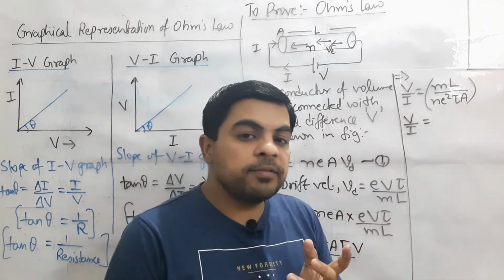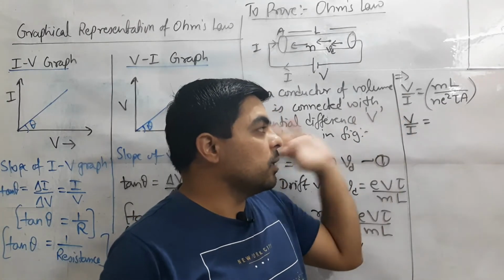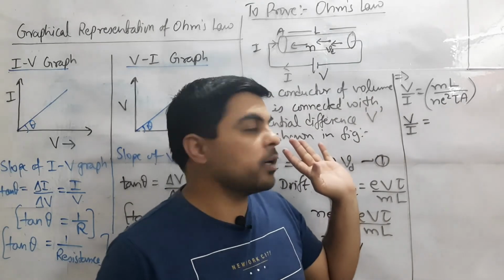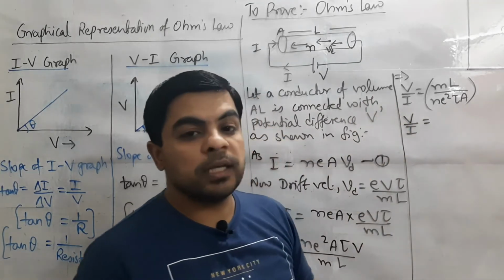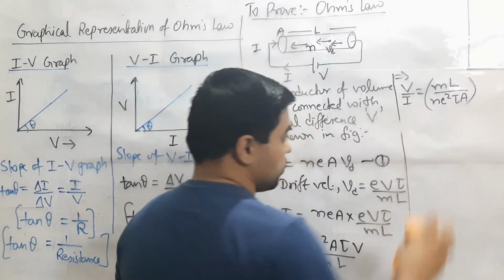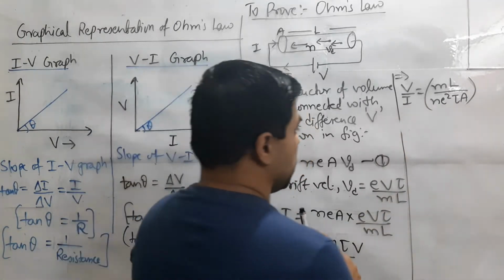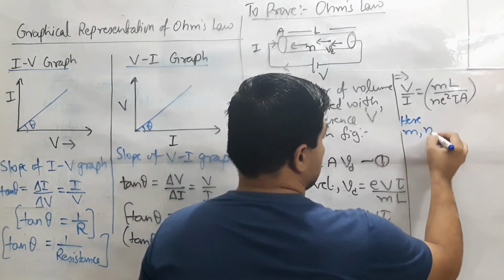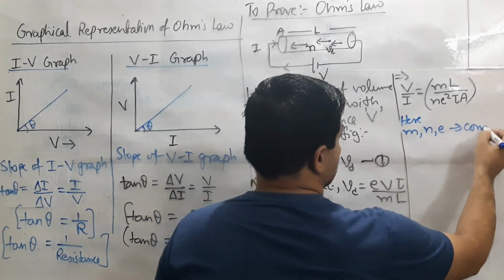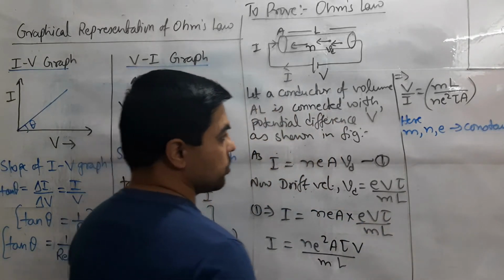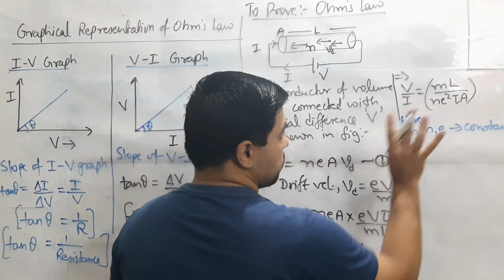So if mechanical strain is kept constant, L and A will be constant, and if temperature is kept constant, tau will be constant. Now we can say m, n, e are constants. No need to take care of these factors, they are always constant.